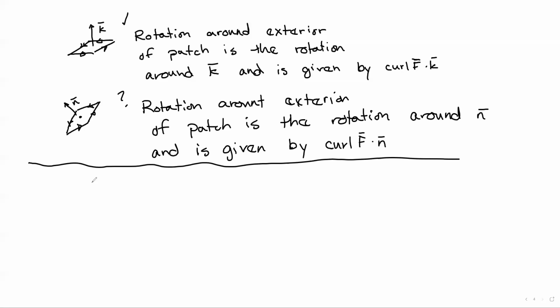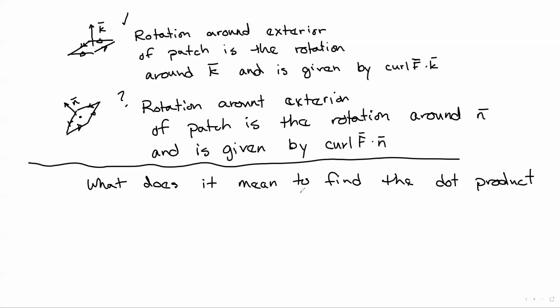So to go through and explain it, to think your way through it, the question you have to ask is, what does it mean to find the dot product of curl of f and a vector?